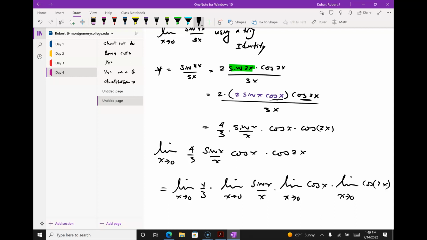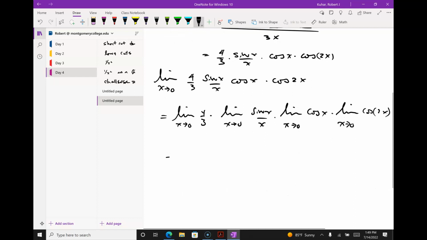Remember, I'm just multiplying a bunch of functions together, so what happens to the heights? The heights multiply together, and the limit is simply just the height. So I can take the limit of a sum to get the sum of the limits, or the limit of the product to get the product of the limits, etc.